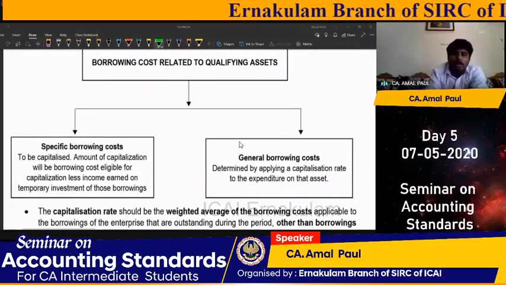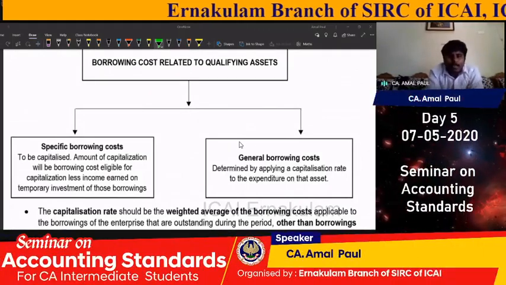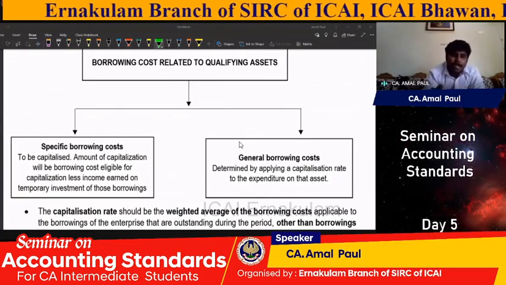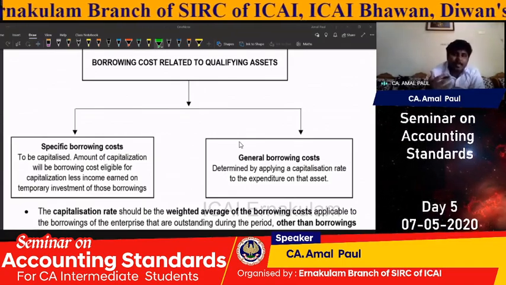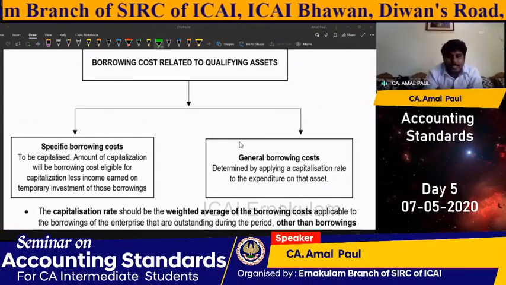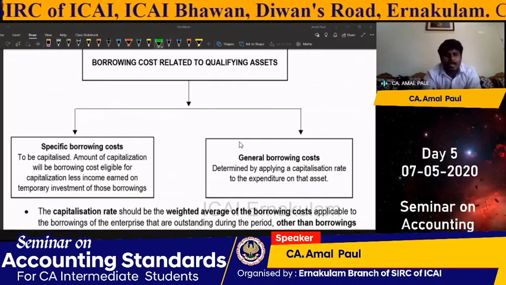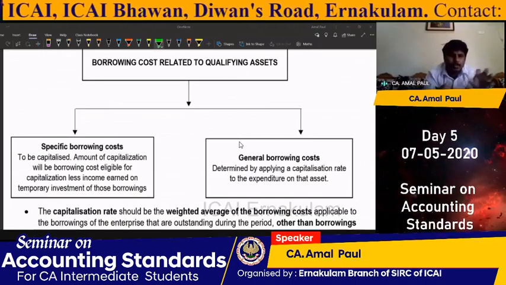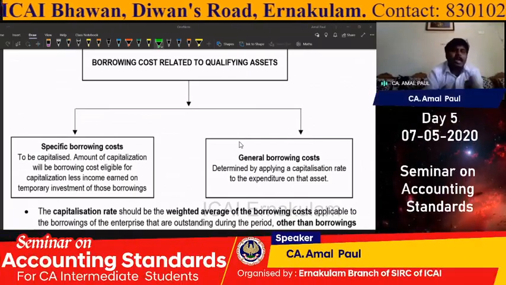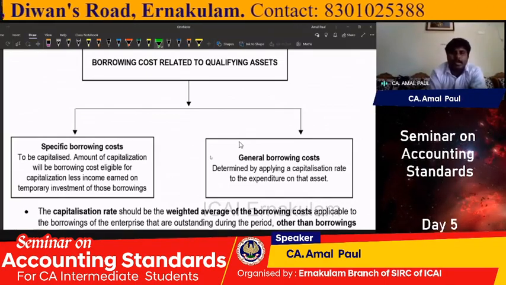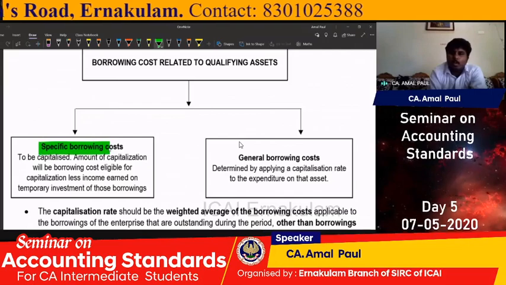For a qualifying asset, what type of borrowing cost can you capitalize? Sometimes we take specific borrowing in relation to some assets, which is solely attributable to this asset. Those types of borrowings are your specific borrowing.